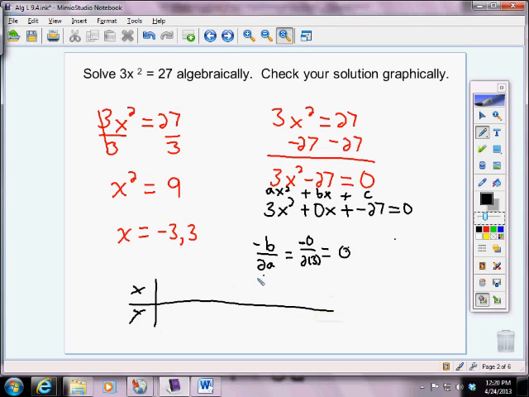We know our vertex is going to be here at 0, so we set our vertex at 0.